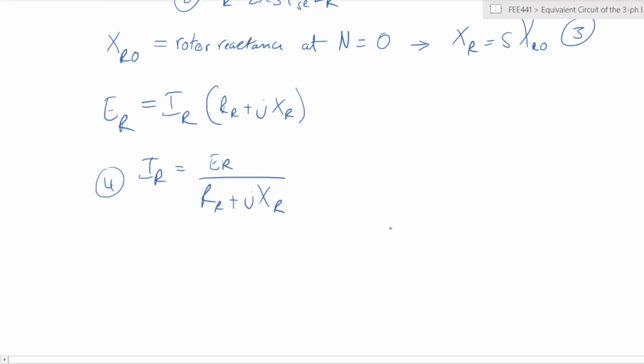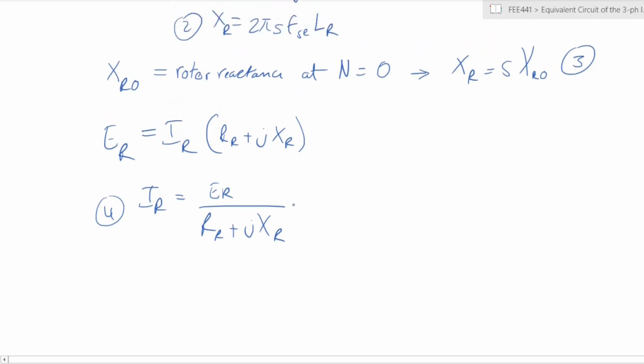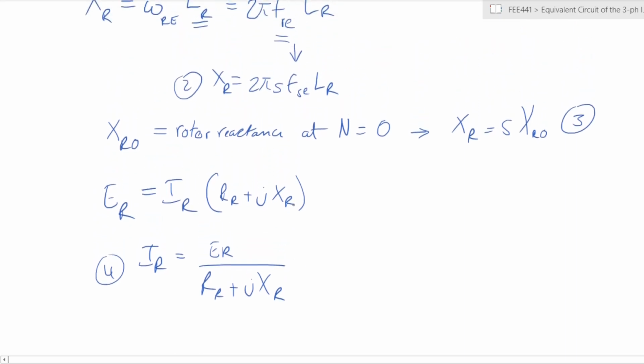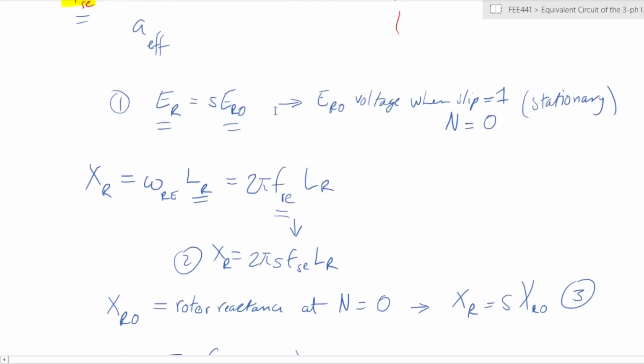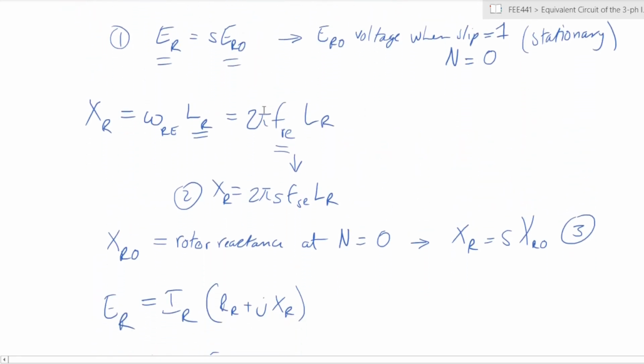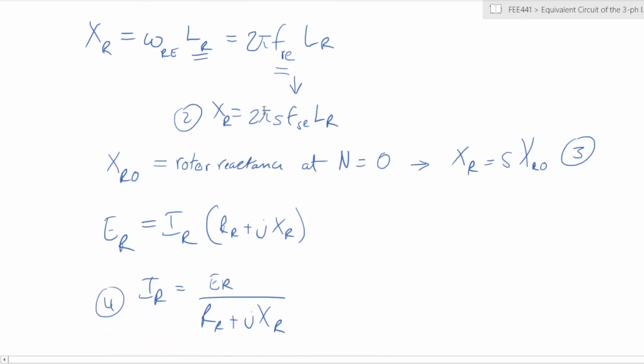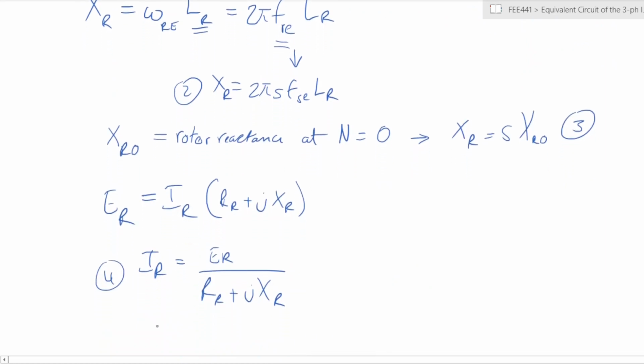Now let's use Ohm's law to play around with this a bit. We had already said that equation number 3, XR is equal to SXR0, and equation number 1, ER is equal to SER0. So let's substitute those equations.